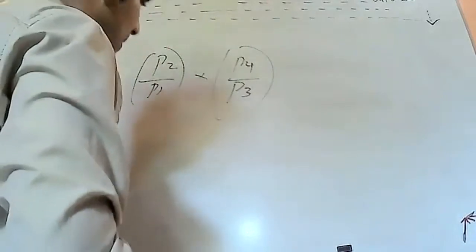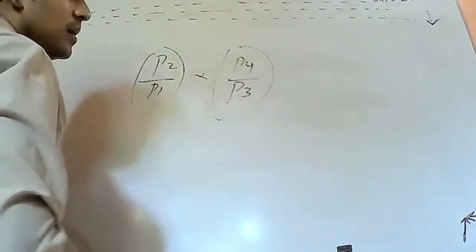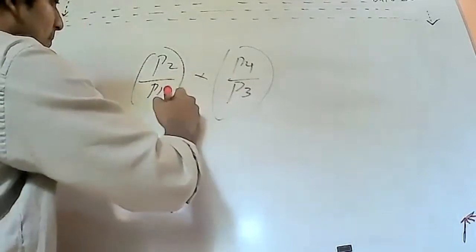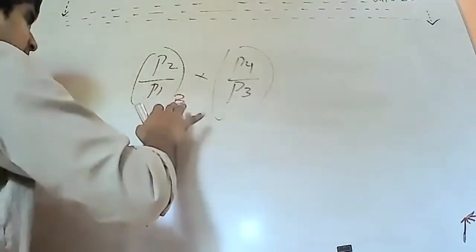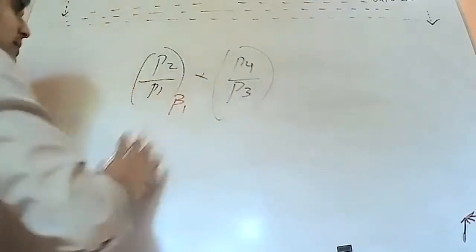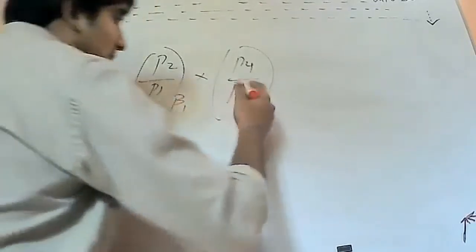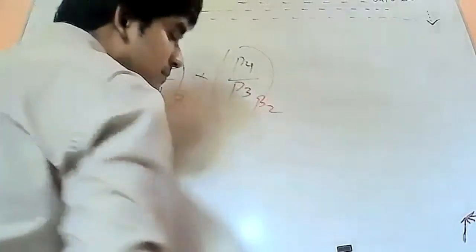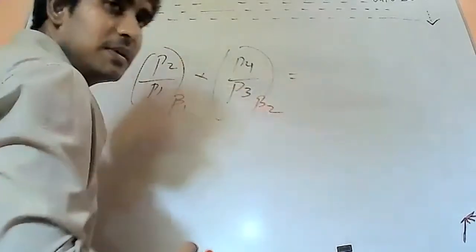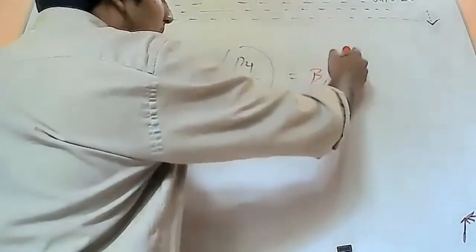Let's call this beta 1, the pressure ratio, and this beta 2. So what is the overall pressure ratio? Beta 1 multiplied by beta 2.